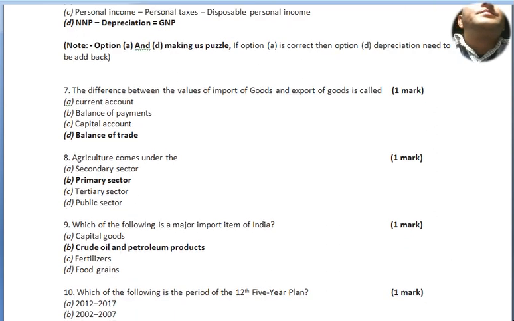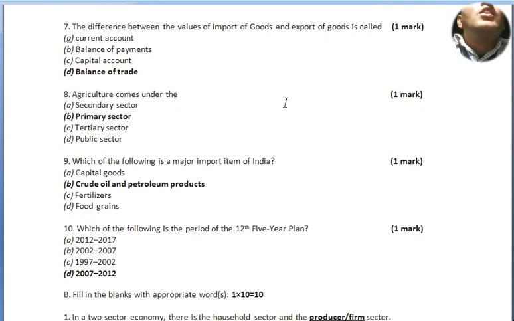All right. Next. Question number 7. The difference between the value of import of goods and export of goods is called current account, balance of payment, capital account, or balance of trade. We usually get confused and always tick balance of payment, but the answer is balance of trade.